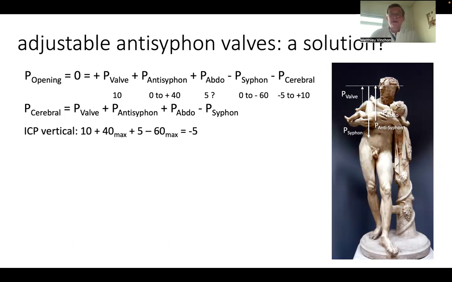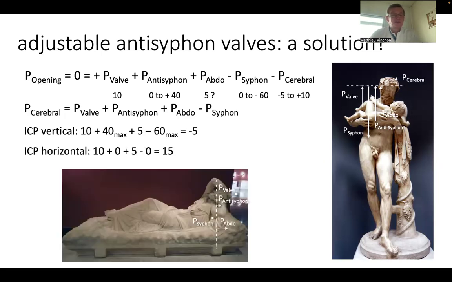So it is mildly negative. And if we compare with the lying position, we have 10 plus 0, no anti-siphon, plus 5 abdominal pressure, minus 0 siphon, is 15. So we have a range of pressure between minus 5 and plus 15. And we have to ask, is it the physiological range?